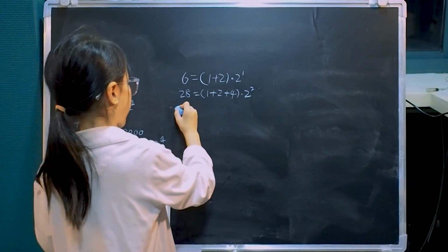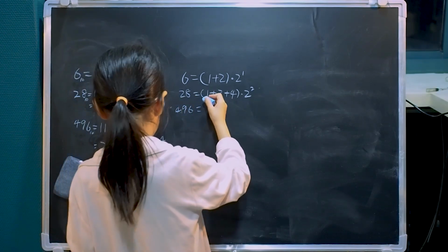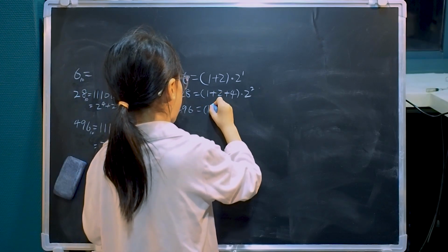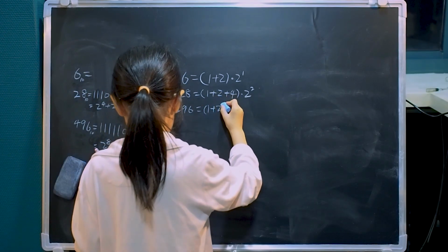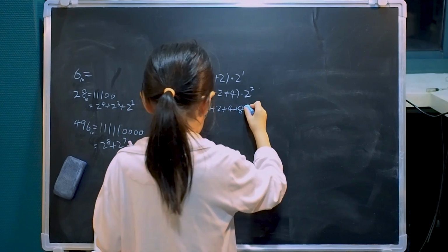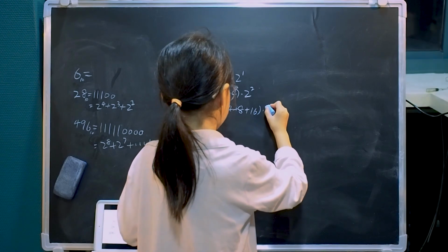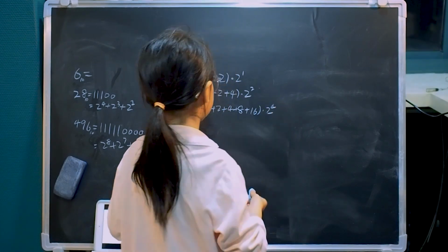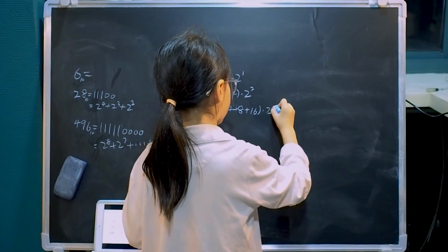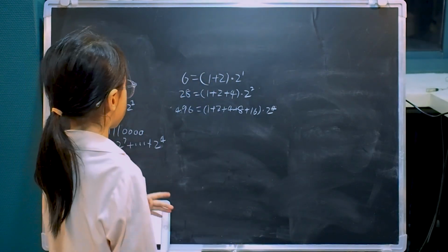And like this, we can get 496 equal to 1 plus 2 plus 4 plus 8 plus 16 times 2 to the 4. Okay, so actually you got it.